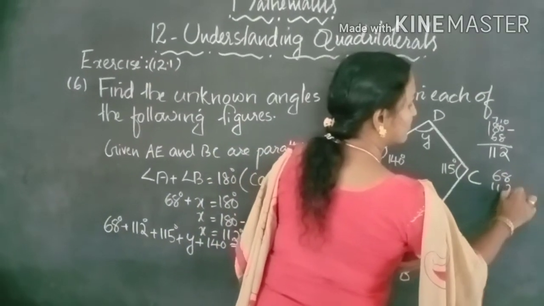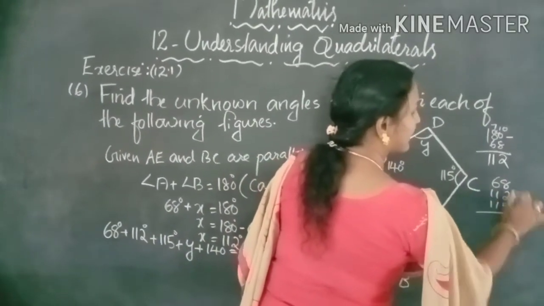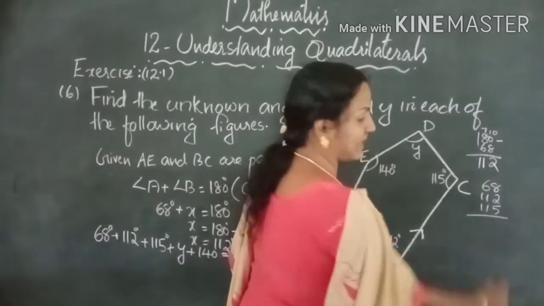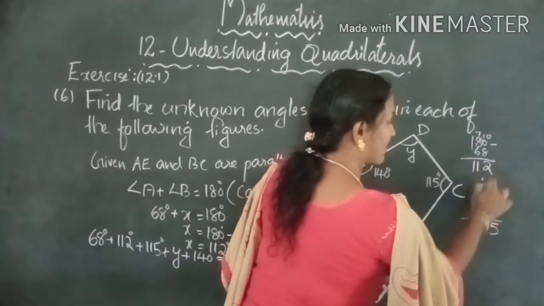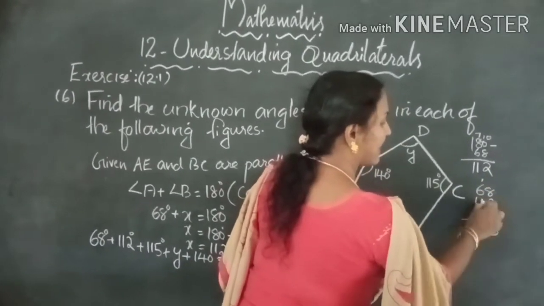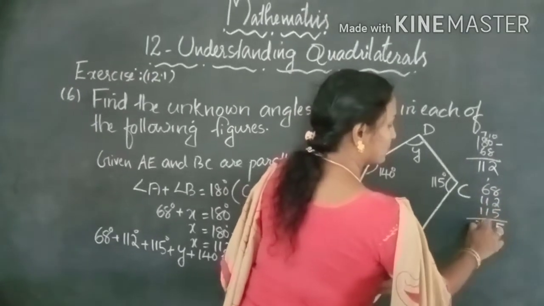Adding 68, 112 and 115: 8 plus 2 is 10, 10 plus 5 is 15, balance 1, 6 plus 1 is 7, 8, 9, here 2.